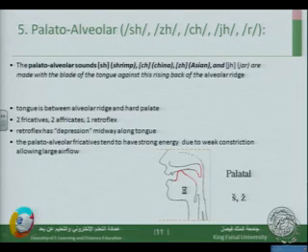Palato-alveolar sounds. They are just the palato-alveolar sounds, like shrimp, ch, China, Asian, j, sh, and jar.